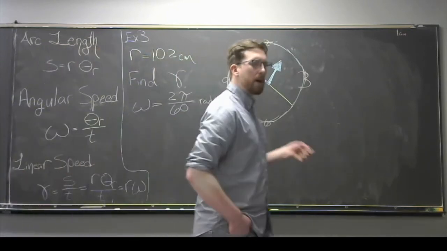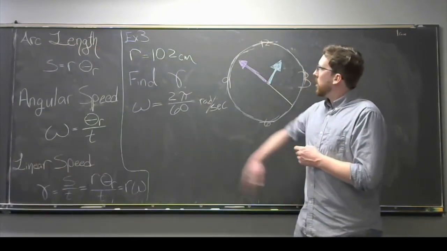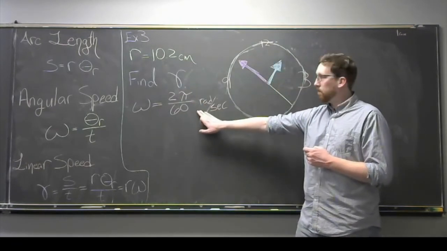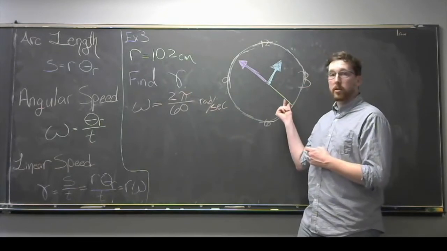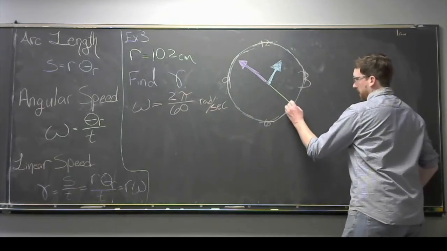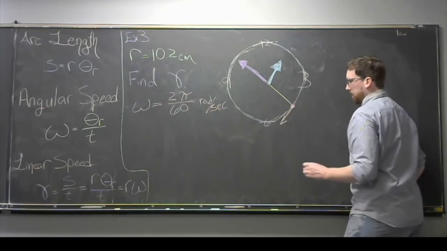So with this in mind, we know the radius and we know the angular speed. We want to know the linear speed, how fast the very end of this is moving.